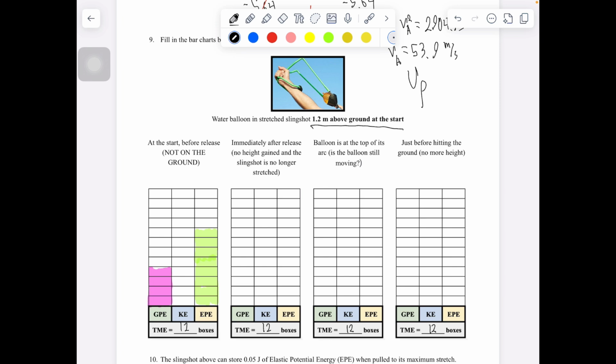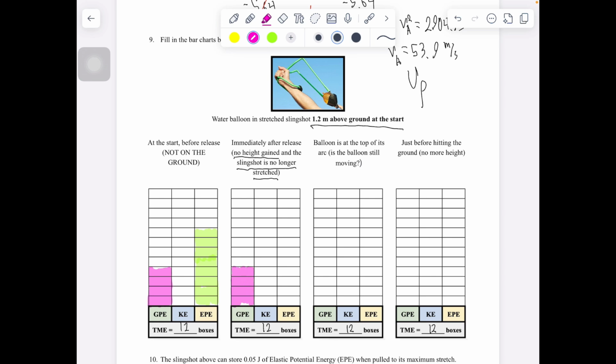Immediately after released, we were saying there is no height gained and the slingshot is no longer stretched. When the slingshot is no longer stretched, we should have no elastic potential energy. If there's no height gained, we should have the same amount of gravitational potential energy. So let's put that in. We still have our 4 bars gravitational potential energy.